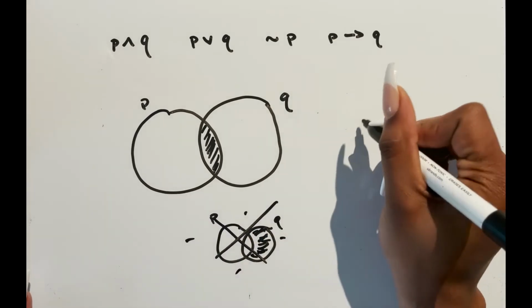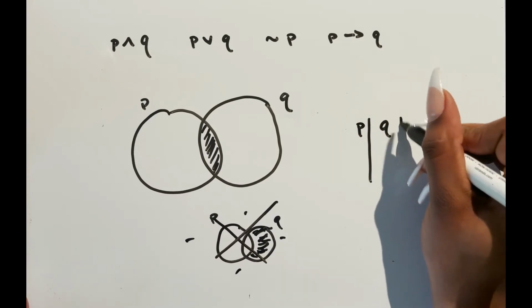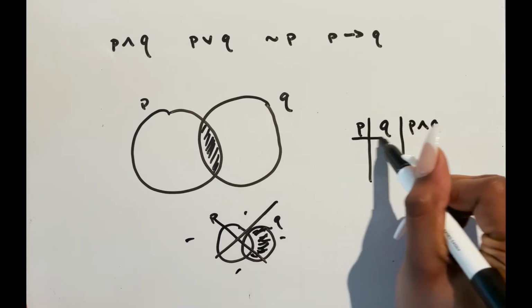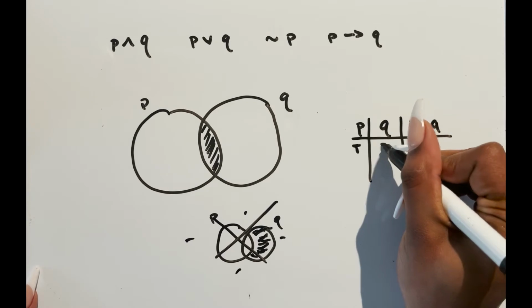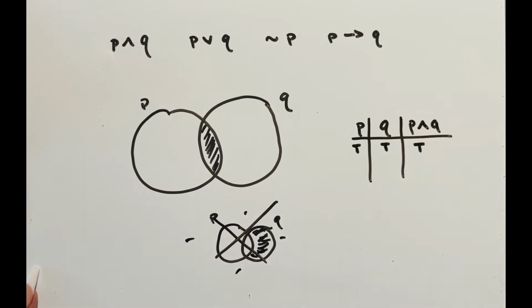Now, let's take a look at the truth table for the statement P and Q. When P is true and Q is true, then P and Q is true.